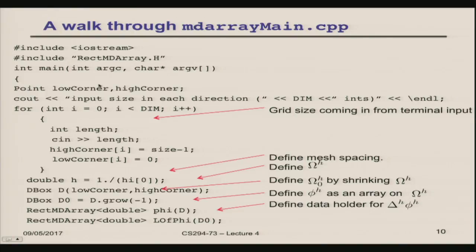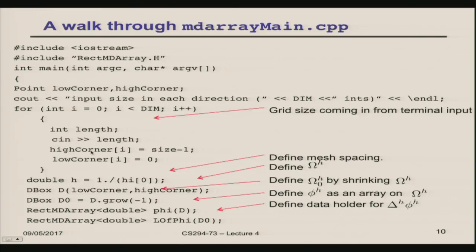Okay, so now we've asked for the information. We've written out to the terminal, enter these numbers, please. And so it's assumed that they're entered, and now here's how you get information in. Here's an input stream, cin, and that comes from standard input from the terminal. I'm looping over all the dimensions, all the directions.